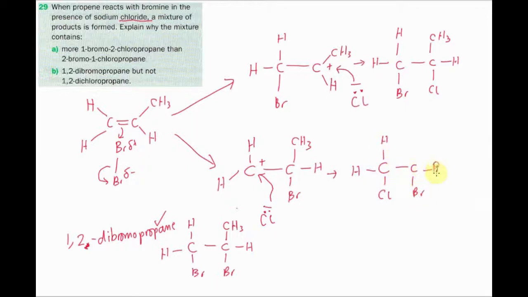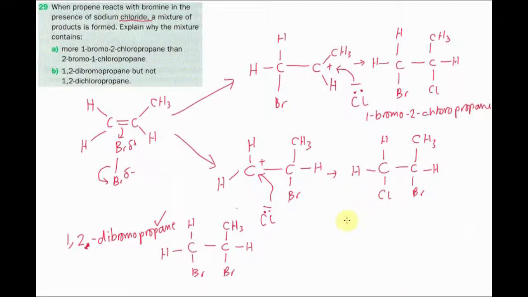And let's name these products then. So here we've got the chlorine in position 2 and the bromine in position 1. So we will have 1-bromo-2-chloropropane.